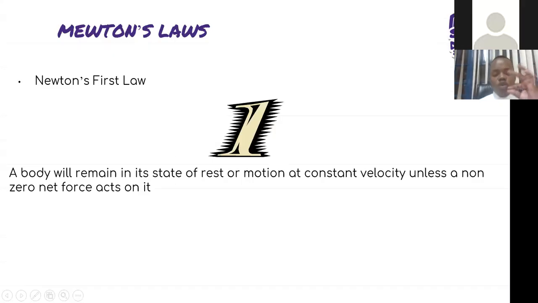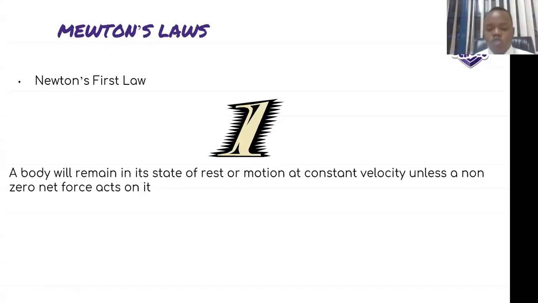when you have an object, which we refer to as a body, and this object was already in its state of rest, in other words, this object is not moving, this object is stationary, then that object will remain stationary. In other words, that object will not move.